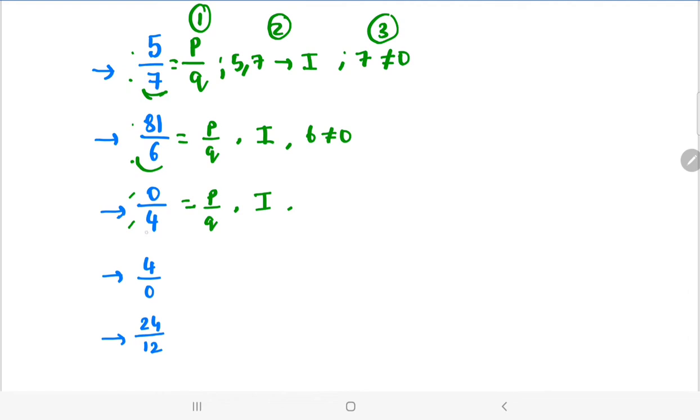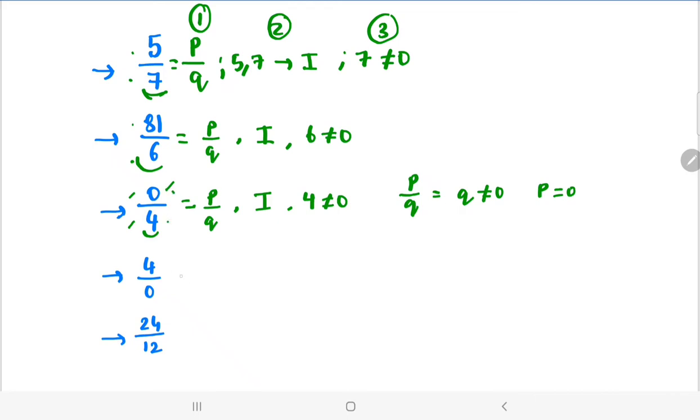Here the denominator should not be equal to 0, so 4 is not equal to 0. Here you might get one doubt: ma'am, in the numerator you are having 0, then why should we call it a rational number? Remember that whenever a rational number is in the form of p by q, here q should not be equal to 0. P can be equal to 0. So this 0 by 4 is also a rational number.